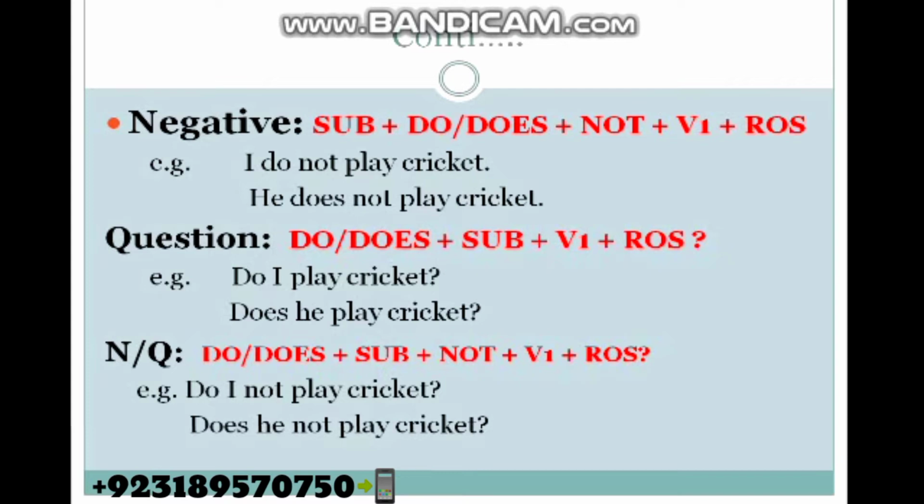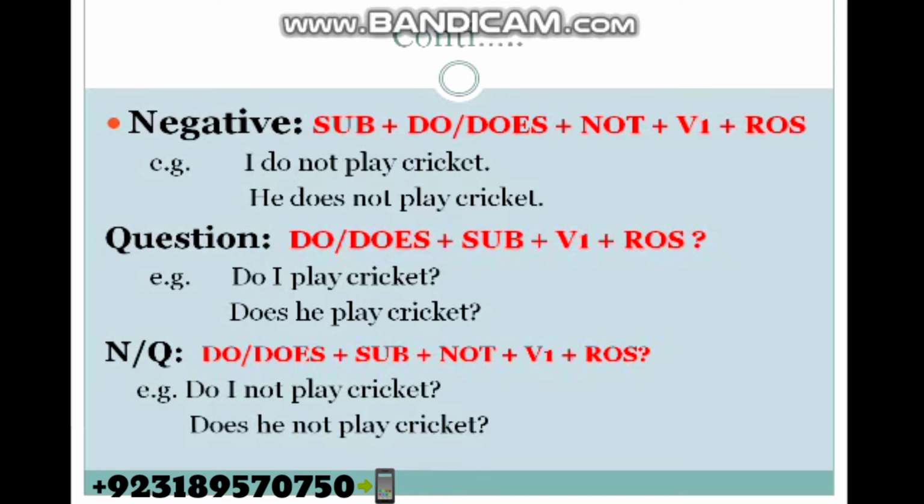Question: do/does plus subject plus verb plus rest of the sentence and question mark. Do I play cricket? Does he play cricket? Follow the same rule, that we use does with he, she, it, and with the singular noun.